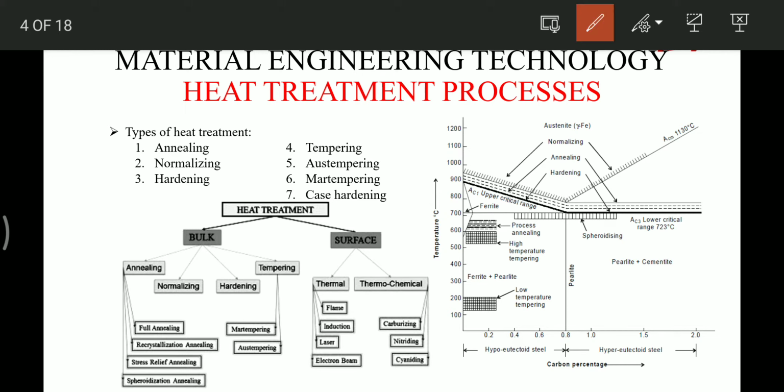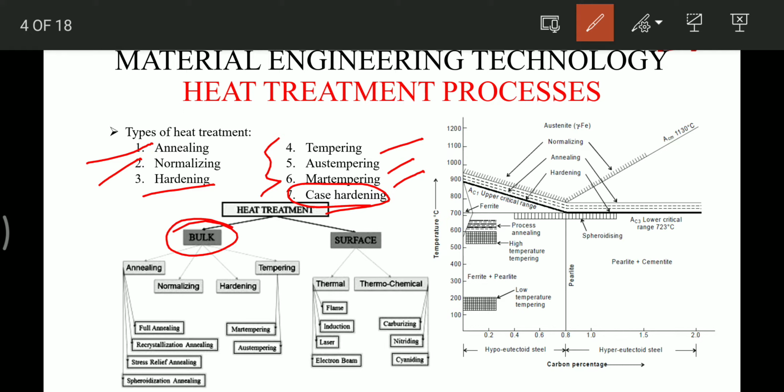In this video friends, we will study annealing and normalizing, and in the next video we will study hardening, tempering, austempering, martempering, and case hardening. Case hardening is for the surface, and all the other points up to 6, as you can see here, are for the bulk.